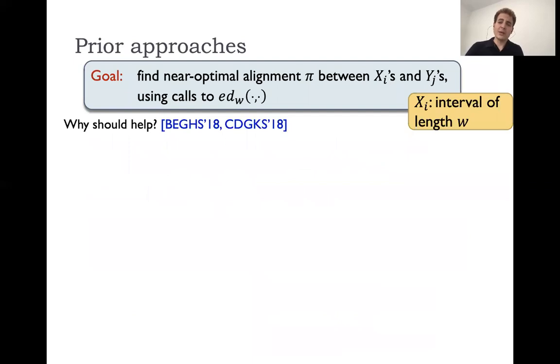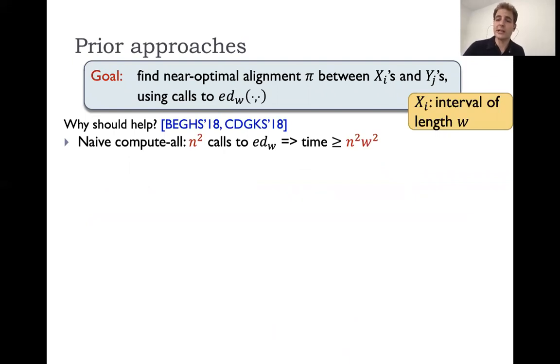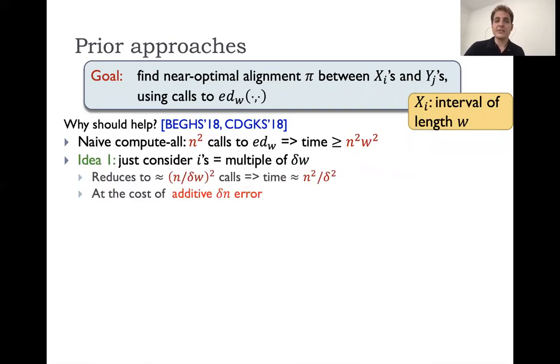And why would it help? If one would do this naively and compute all edit distances of length w, it would actually increase the time. It will take w squared time to compute the distance, and there are n squared as many, so it's n squared w squared, which is even more than quadratic. But then there are some ideas how to improve that. The first idea is just to consider i's that are multiples of some delta w.